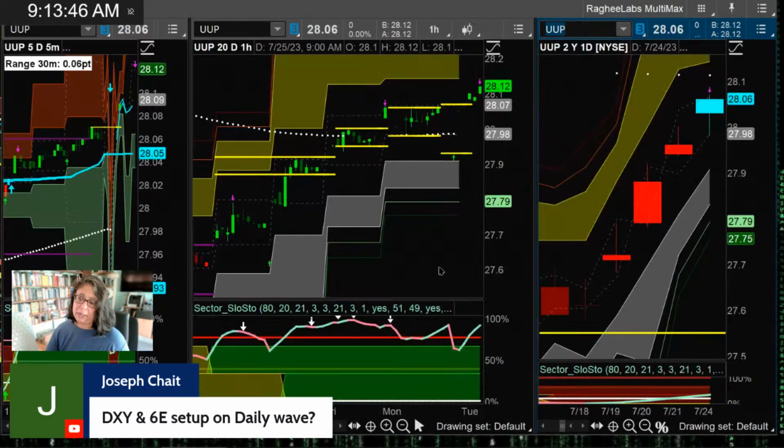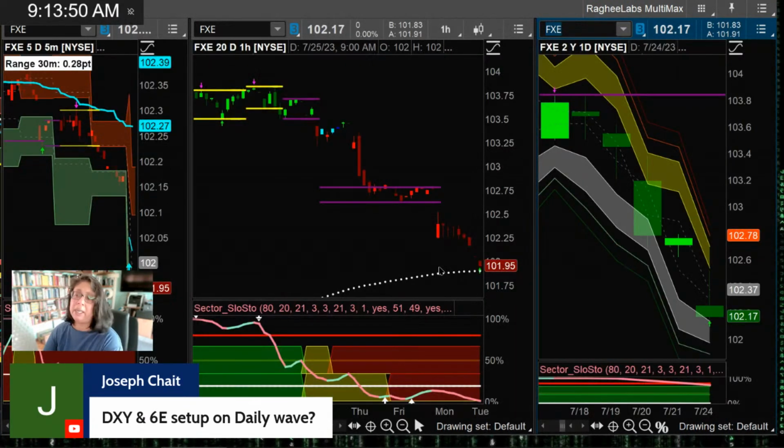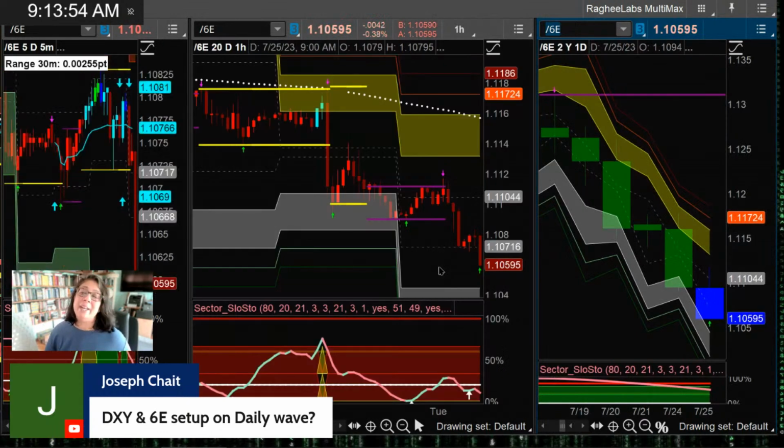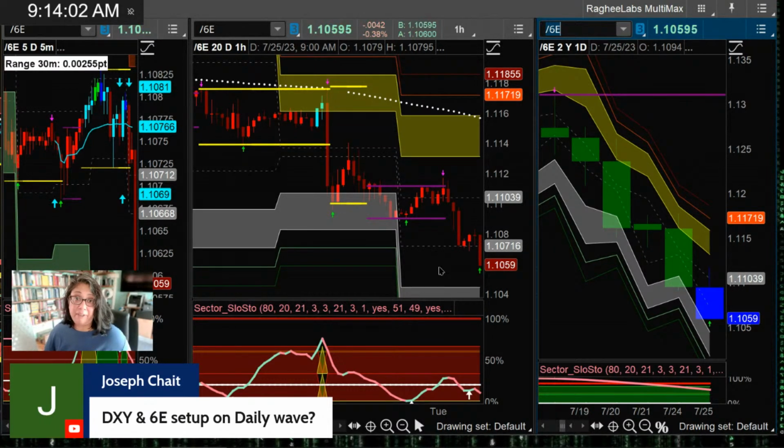You can look at this via DX futures, but I'm a bigger fan of the 6E or the FXE because even the dollar basket is high concentration weighted. 58% of that basket is euro, followed by just fairy dusting of yen and pound, and then a couple other, frankly, fairly insignificantly weighted currencies.